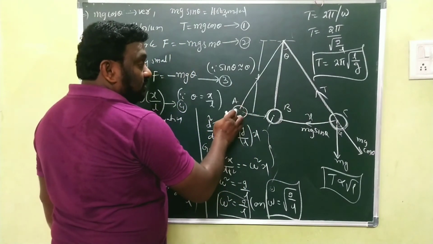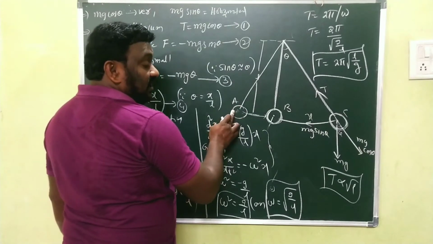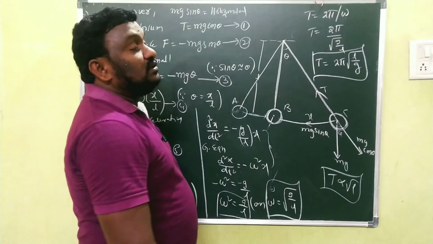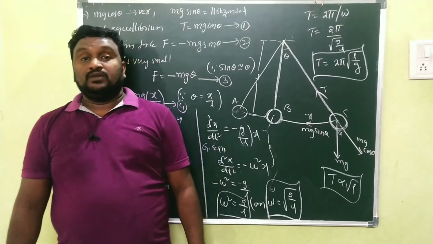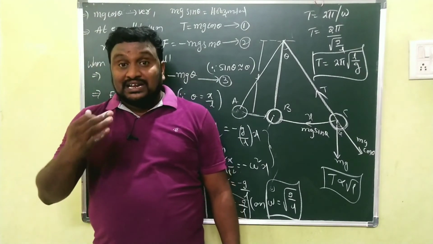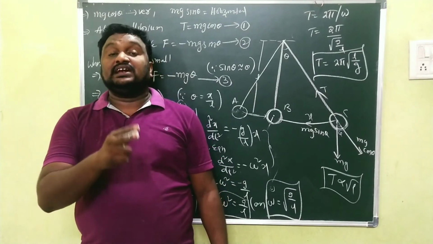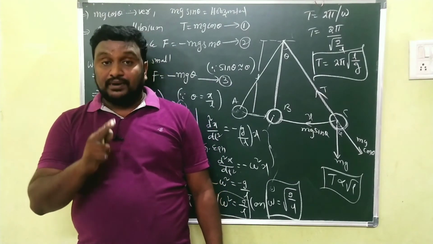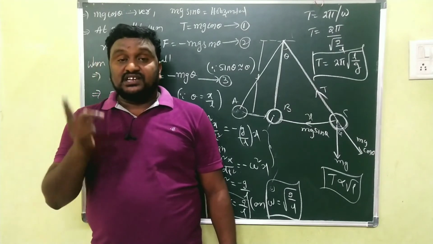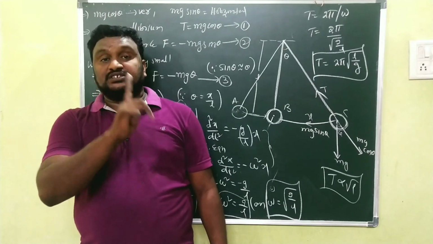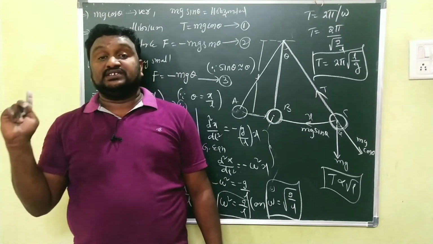That means if the oscillation starts from A and goes to C and again comes back to A, then one oscillation is completed. If any simple pendulum takes 2 seconds to complete one oscillation, then it is called a seconds pendulum. And children, the seconds pendulum length is almost 1 meter or 100 centimeters.